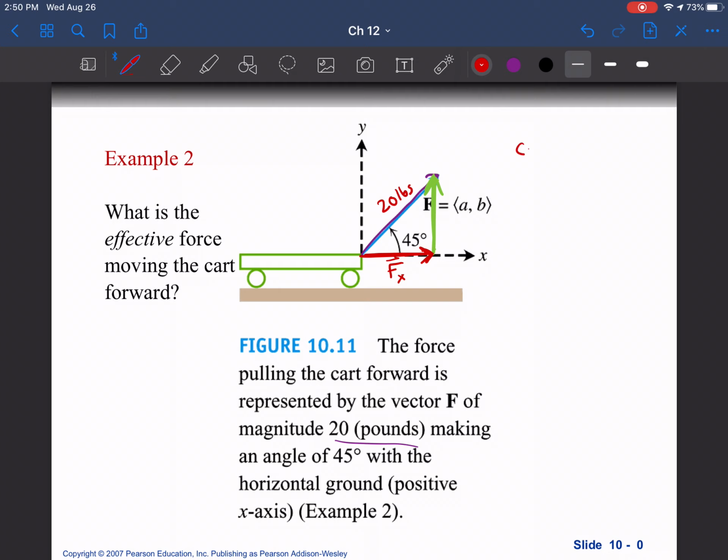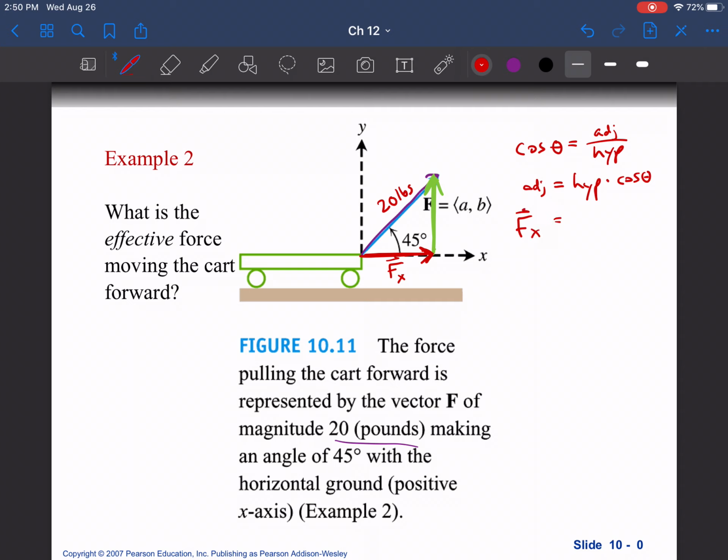We know that cosine of an angle is equal to the adjacent side over the hypotenuse. We're trying to find the adjacent side, that's f sub x, which means the adjacent side is equal to the hypotenuse times cosine of the angle. The adjacent side is the force we're looking for.